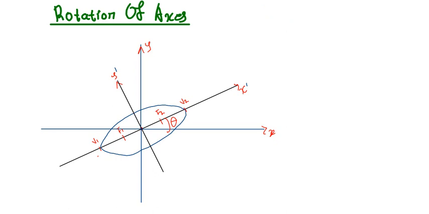So before I go any further, remember when you're looking at the general equation of a conic section, it is given as ax squared plus cy squared, plus dx plus ey plus f is equal to 0.